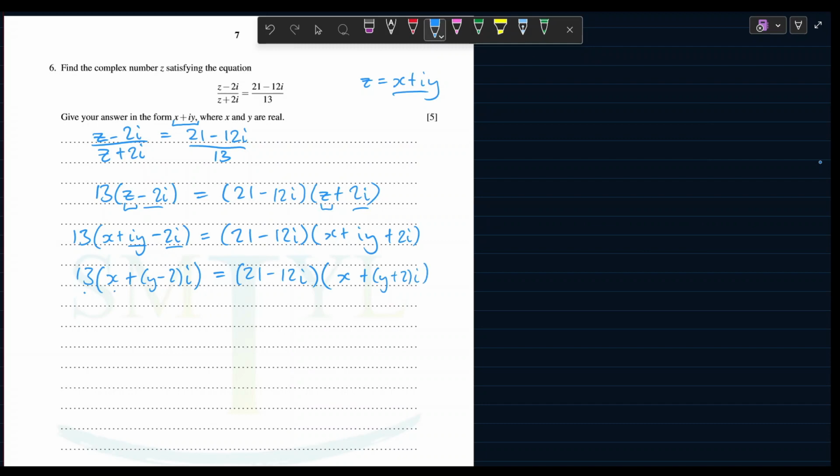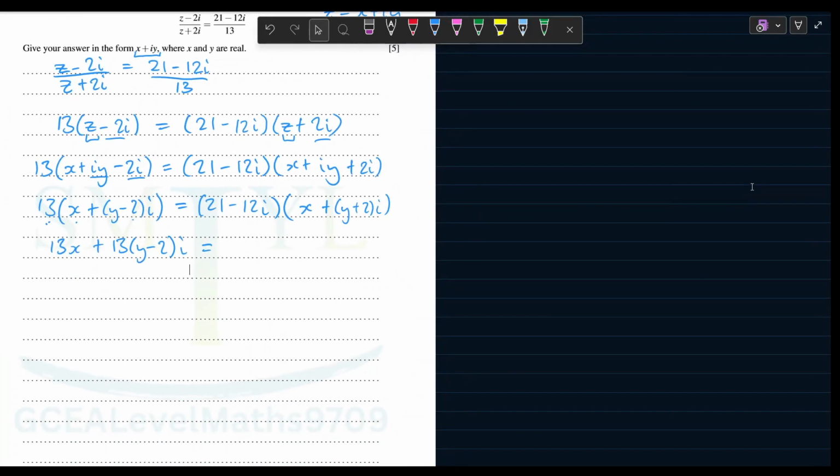So we've got 13 times x, that's 13x, and then 13 times this bracket, so plus 13(y minus 2i). We might expand that further in the future if we have to, but for now, let's just keep it like this and see where this goes.